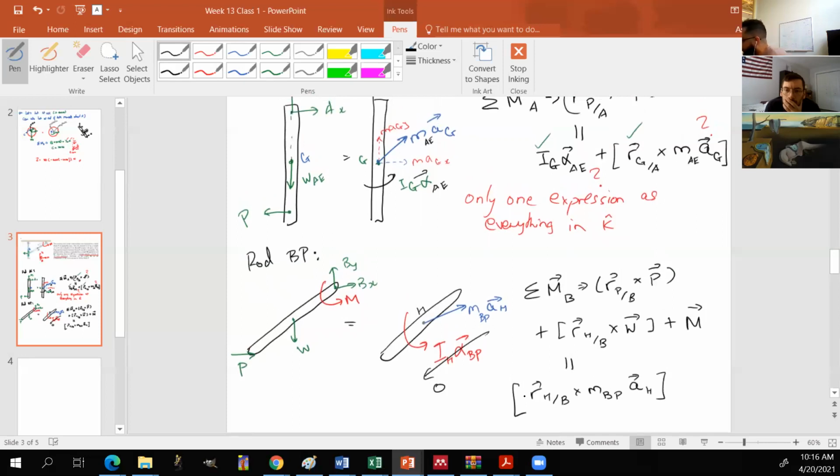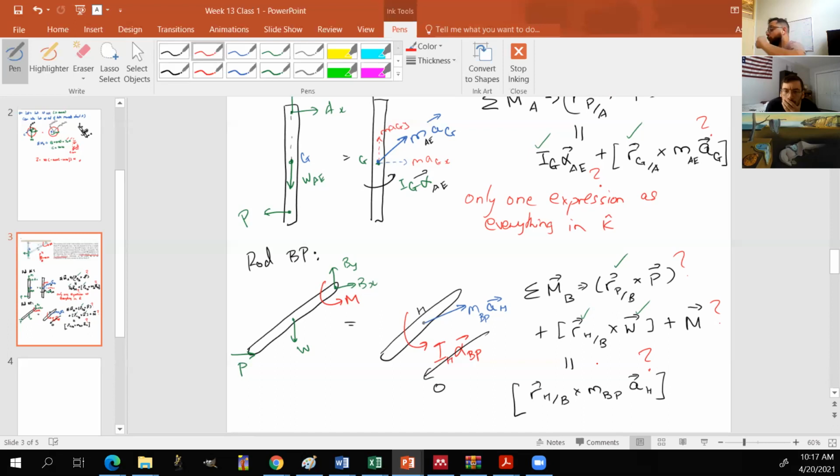And in this expression, weight you can find out, moment, force P you don't know, acceleration you don't know. So you end up with two expressions, but you have a whole lot more unknowns than that.